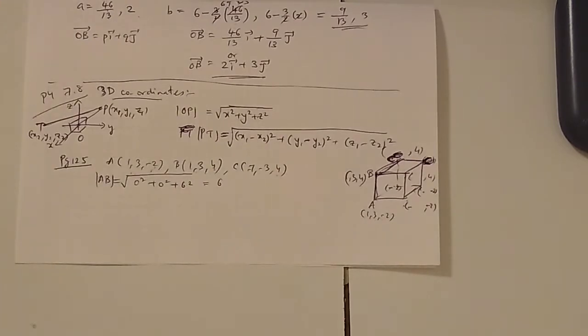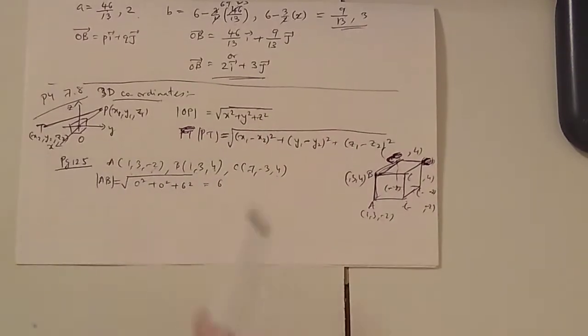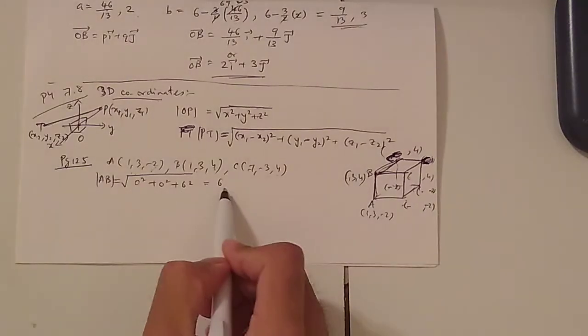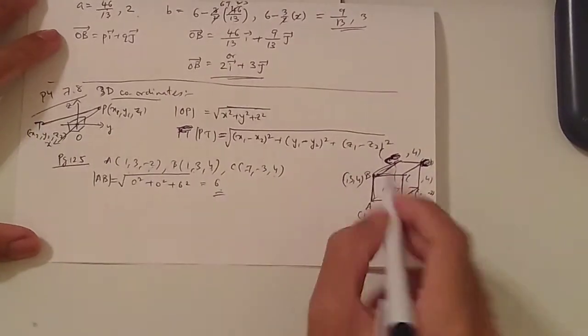So the distance AB is equal to 6 units, and notice that the question says that this entire thing is a cube.